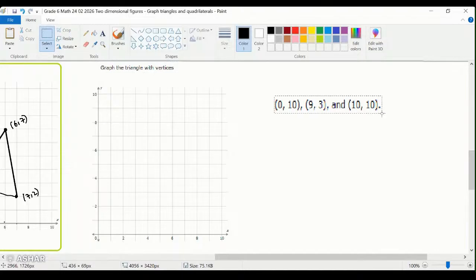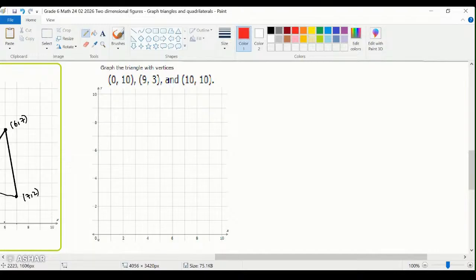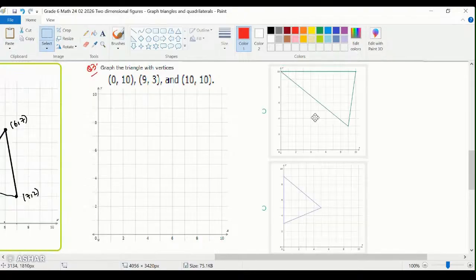Question number 3. Yes, it is easy because we are just trying to draw the graphs, right? For now, we are not trying to simplify or do anything to them, right? Just the basic construction we have to focus on.